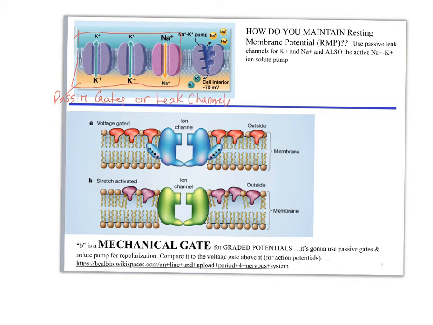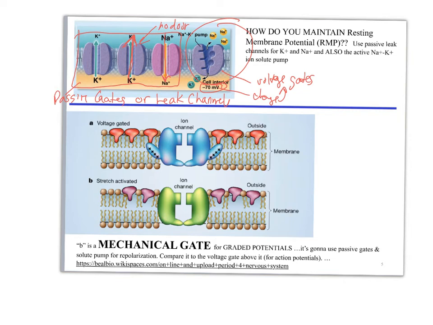Okay, you'll notice that there is no door. These are open, and sodium is going to follow its concentration gradient, and potassium is going to follow its concentration gradient. Okay, then right here they're showing a voltage gate next to it. Okay, this one responds to a change in voltage.